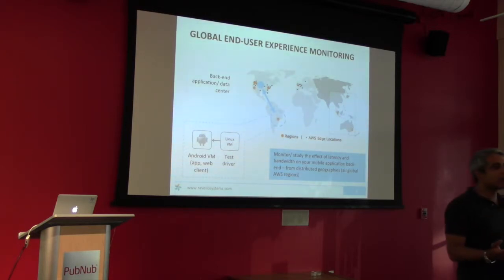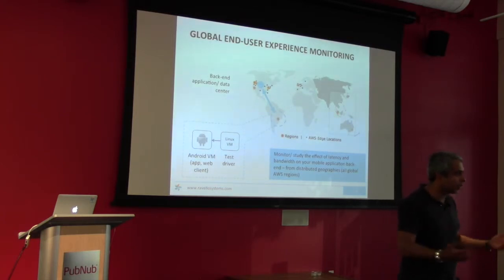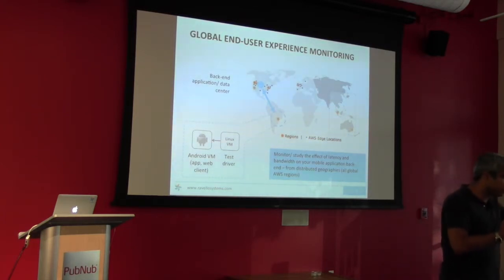They've got a data center in the US, and they run the service out of that, with standard back-end architecture these days, hundreds of microservices running in the data center. They wanted to understand what their users around the world are experiencing with their app.